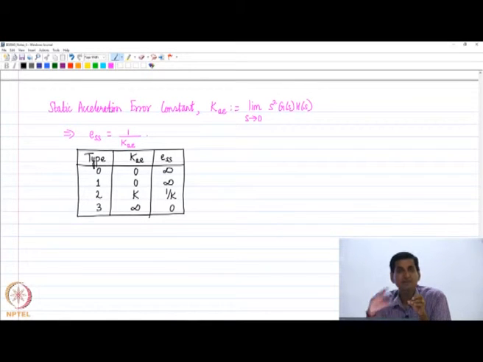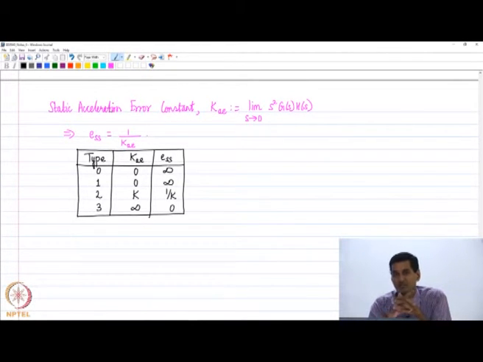You need an integral controller only if we do not have a 1 by s term in the plant transfer function to begin with. At the end of the day, we need a type 1 system if we want zero steady state error while tracking a step input.